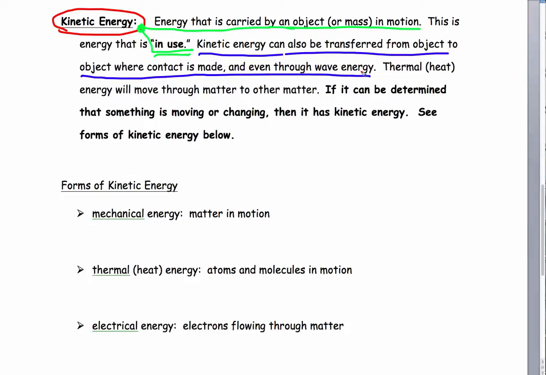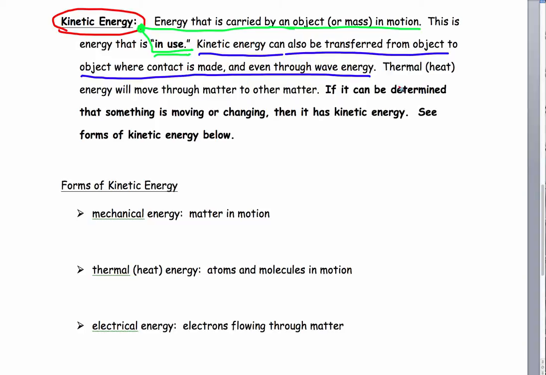And this idea of wave energy we'll take a look at when we study solar radiation and the fact that solar radiation moves through space as wave energy. But this idea of kinetic energy can be transferred from object to object where contact is made. A car slams into another car, that's contact being made. You have energy being transferred from one car to another.